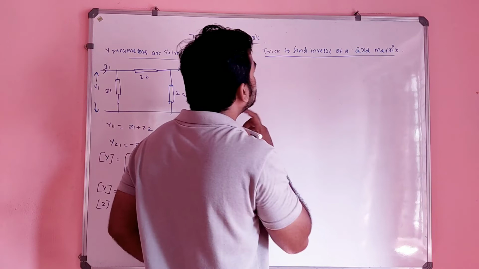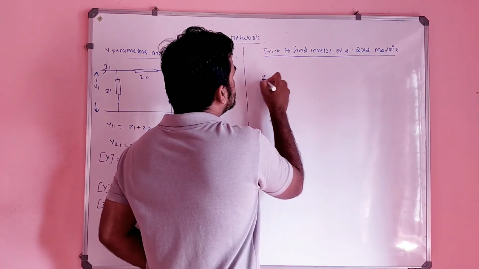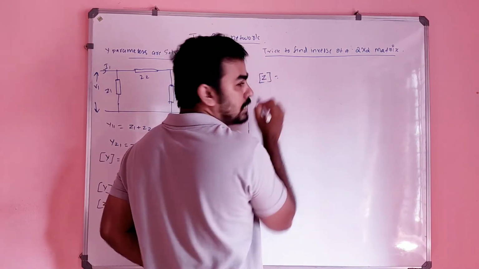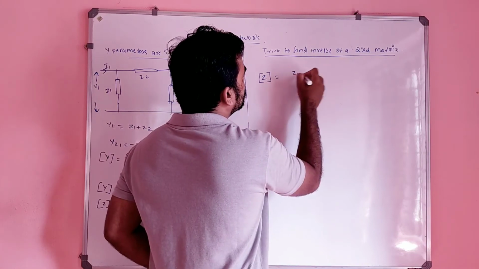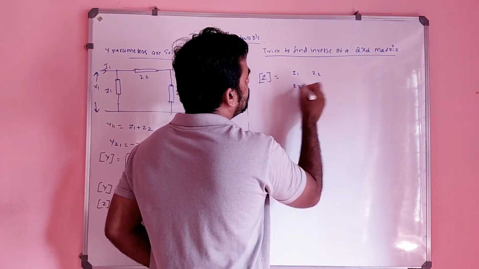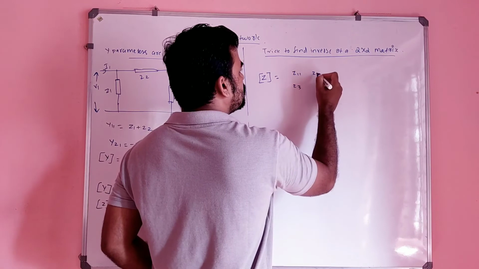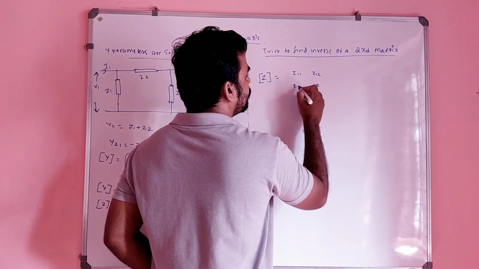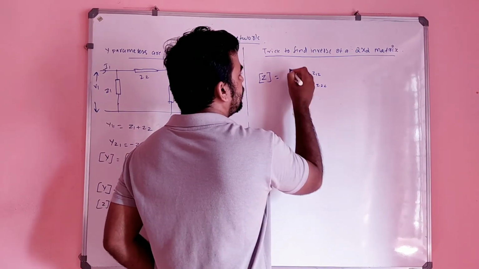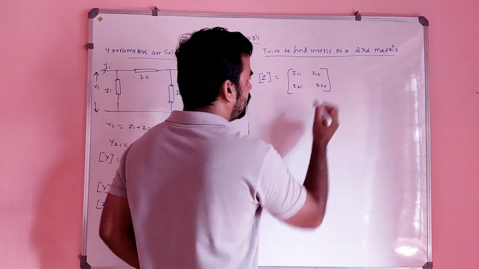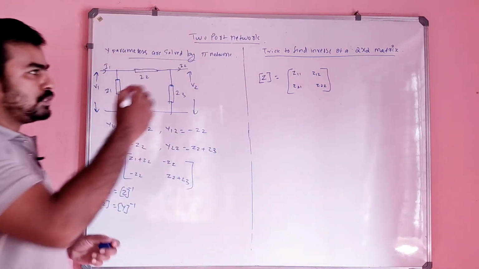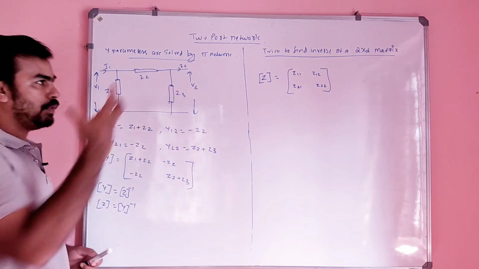Suppose you have a Z matrix as Z equal to Z11, Z12, Z21 and Z22. Suppose I have a Z matrix like this in your hand.